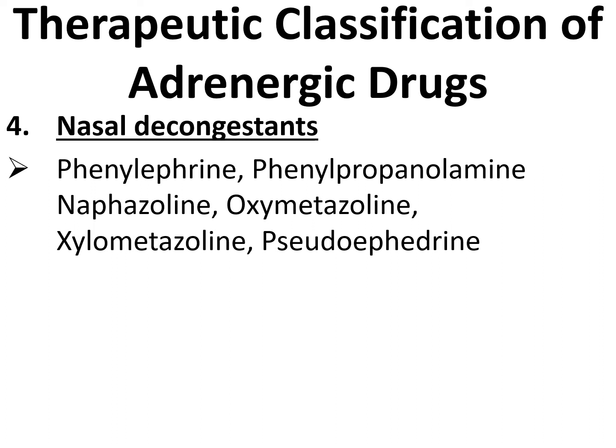Phenylephrine, phenylpropanolamine, naphazoline, oxymetazoline, xylometazoline, pseudoephedrine. Out of these, oxymetazoline and xylometazoline are commonly used as nasal drops during runny nose and nasal congestion. And all these drugs are used locally. One more thing: though it is used transnasally for local purpose, it can get absorbed from there because you have vast vascularity. From there, it can be absorbed and produce increased blood pressure.